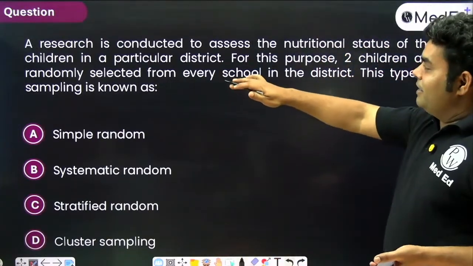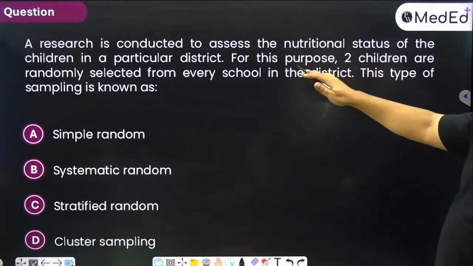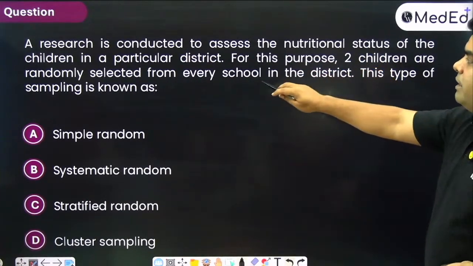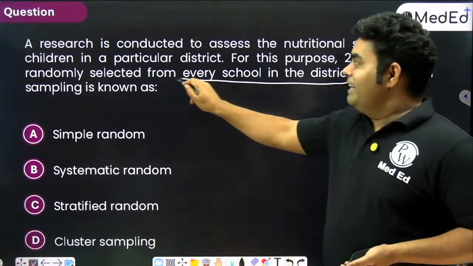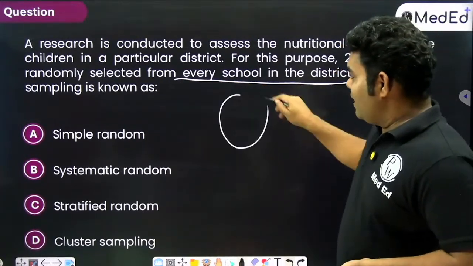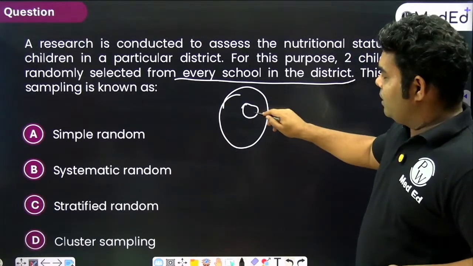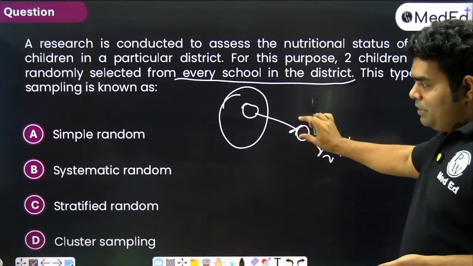Research is conducted to know the nutritional status of children in a particular district. For this purpose, 2 children are randomly selected from every school in the district. So what are they doing? They choose a district from the state, and from the district, they choose schools. So from one big unit, they are choosing a small unit.